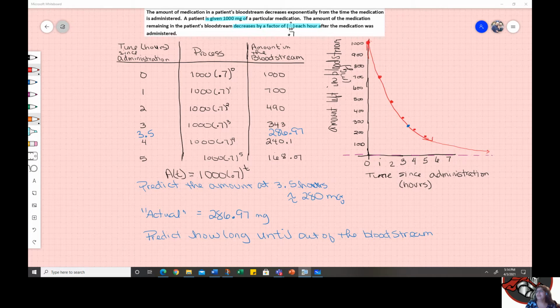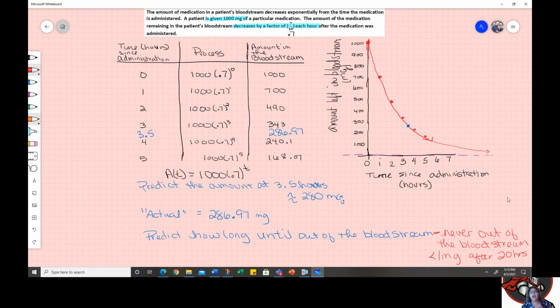So for our predictor, we are going to say that it is not ever out of the bloodstream, but after 20 hours, it is less than 1 milligram.